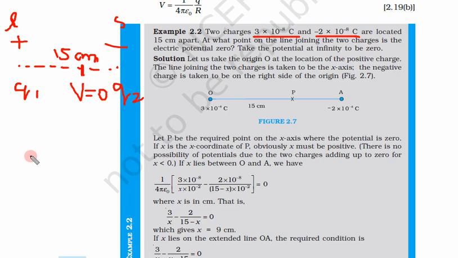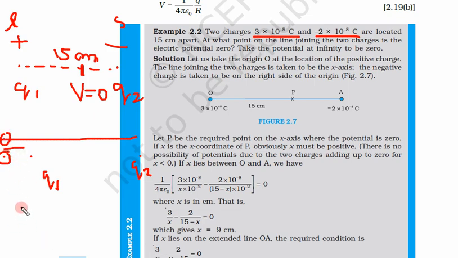Second case, this is Q2, this is Q1. If we consider a point on the left side, the distance due to this Q1 is always small, so hence potential will be more, and the distance to this Q2 is always high, so potential will be less.